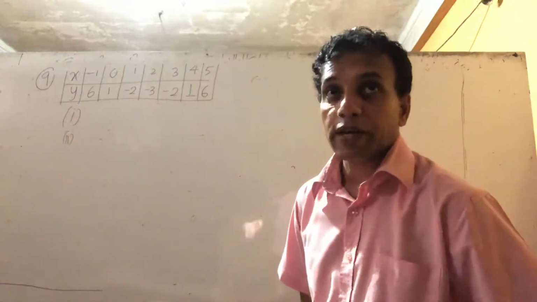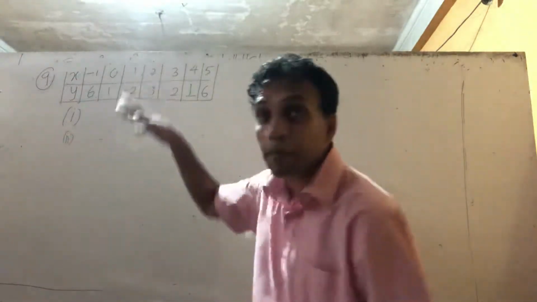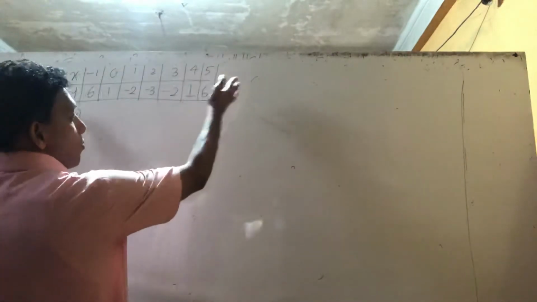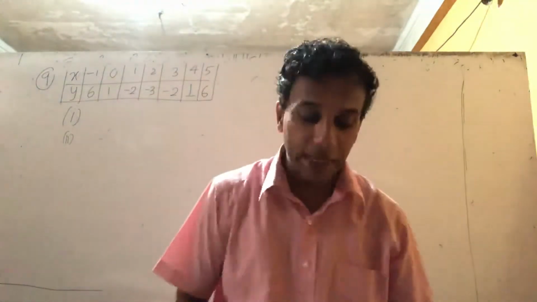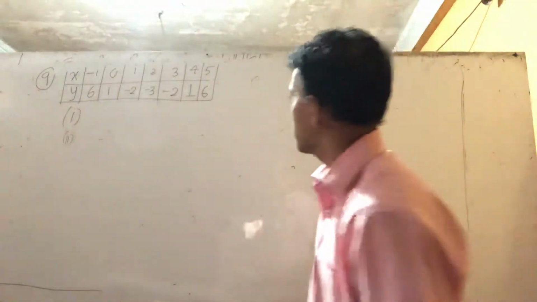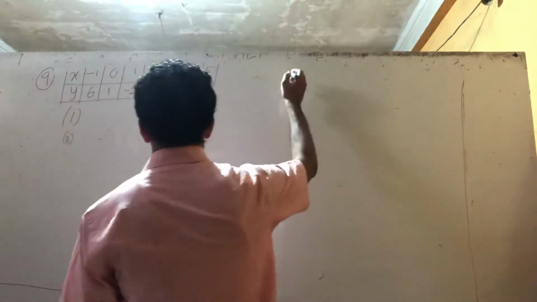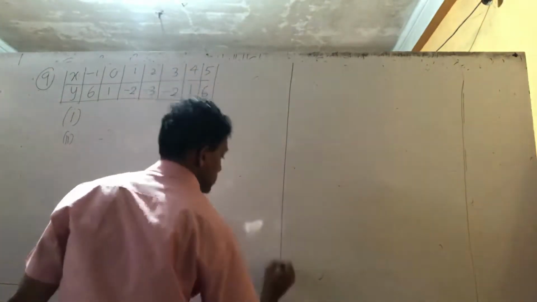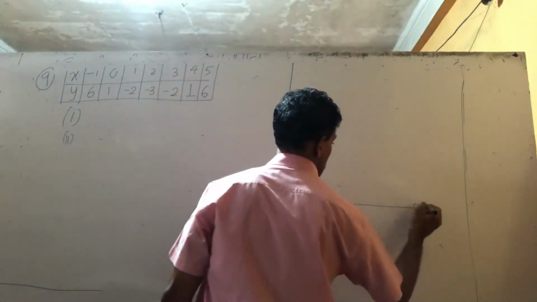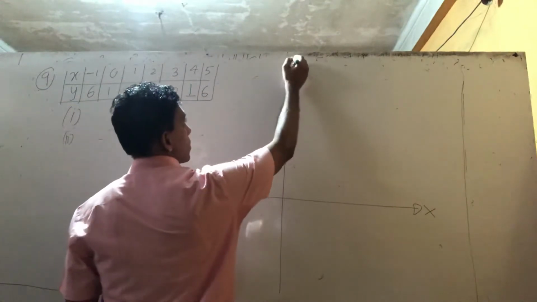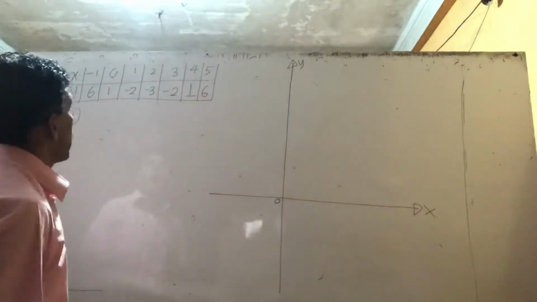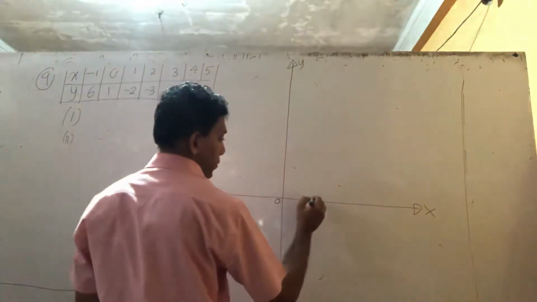So prepare a graph sheet. This is the minimum curve, this is the minimum part. See both sides, the y values are decreasing from both ends. Therefore the graph has a minimum, right? So prepare a suitable scale and draw this graph. Show the x-axis, y-axis, the origin, and that side up to 5.